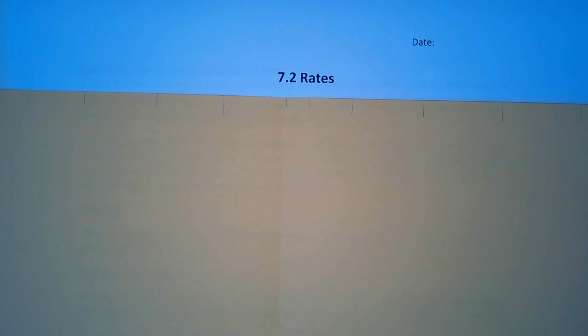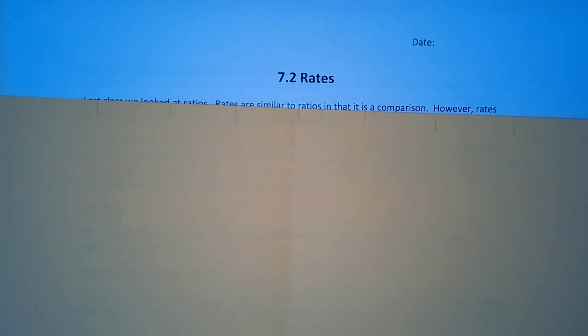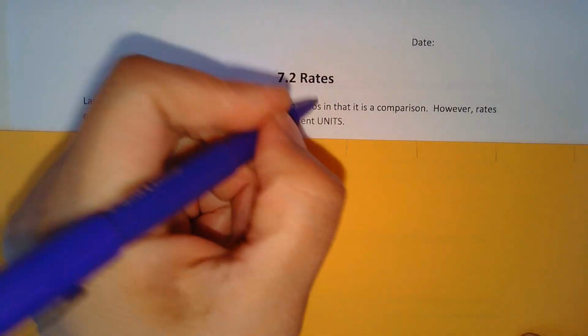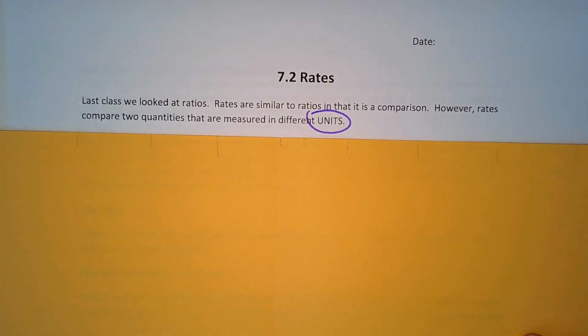Now, our topic today is rates. Rates are very similar to ratios in that they are a comparison. The one key difference is when we're dealing with rates, we're measuring two quantities that are measured in different units.